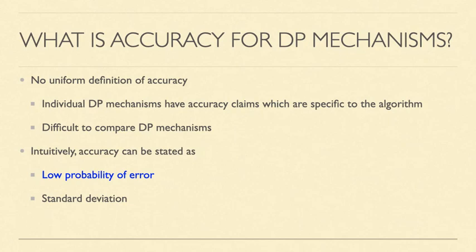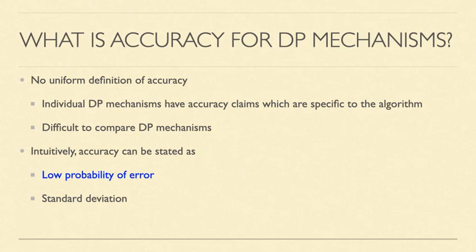Mostly what we found was that they are stated as having a low probability of error. And you can imagine that we can use other measures such as standard deviation or root mean square error. On the other hand, in this paper, we will just focus on accuracy that is stated in terms of having a low probability of inaccurate answers.